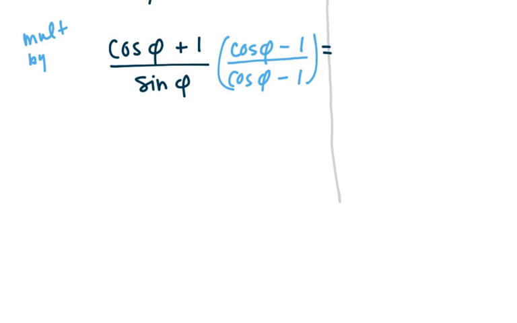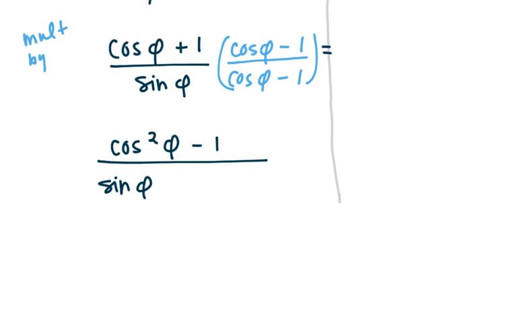I use this strategy a lot when I have a radical, but also if I have two terms, and we'll see why. This is going to give me cosine squared phi minus 1 over sine of phi times cosine phi minus 1.